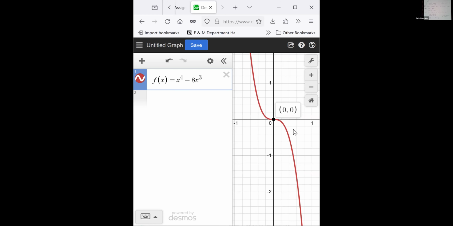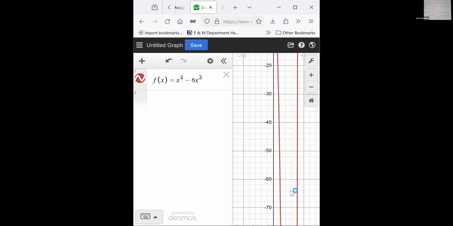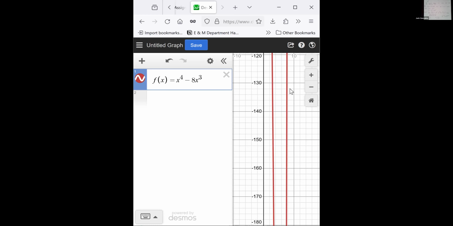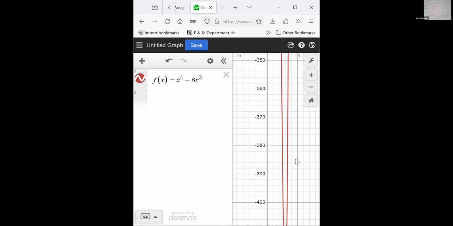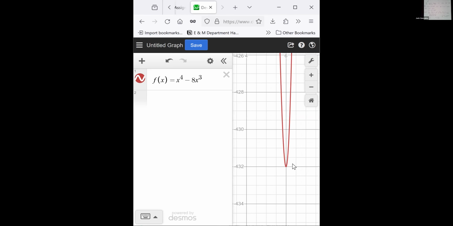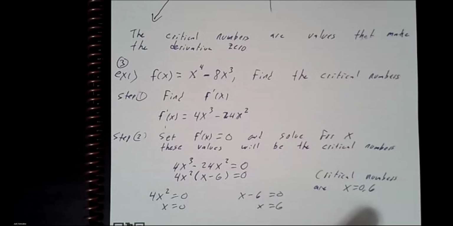But it's also a critical number. Way down here at 6 is our other critical number. It turns out to be a local minimum. So later we'll have tests to figure out what exactly is going on at these critical numbers, but first step is let's find them and move on.